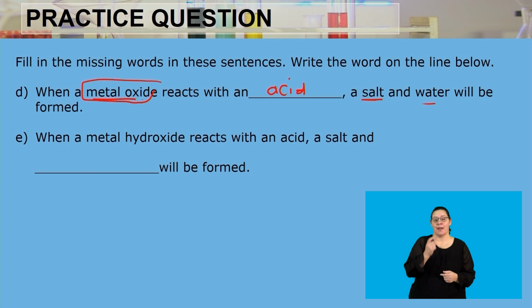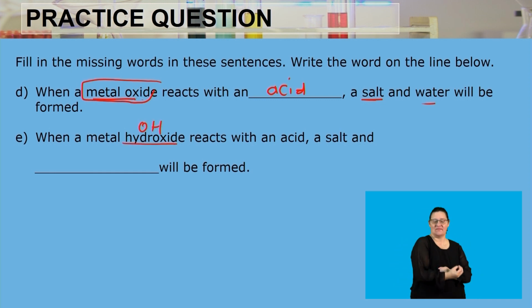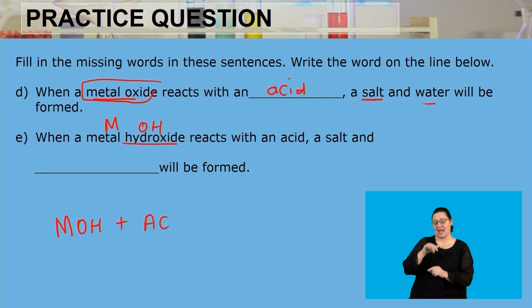When a metal hydroxide reacts with an acid, a salt and something will be formed. So we need to know that the hydroxide has OH, so metal hydroxide has an OH within itself. So the metal could be any element from group 1 or group 2 elements. So that's going to be denoted with M. So the reaction is going to be M for metal, hydroxide OH, plus acid. This is going to react to form salt and something.